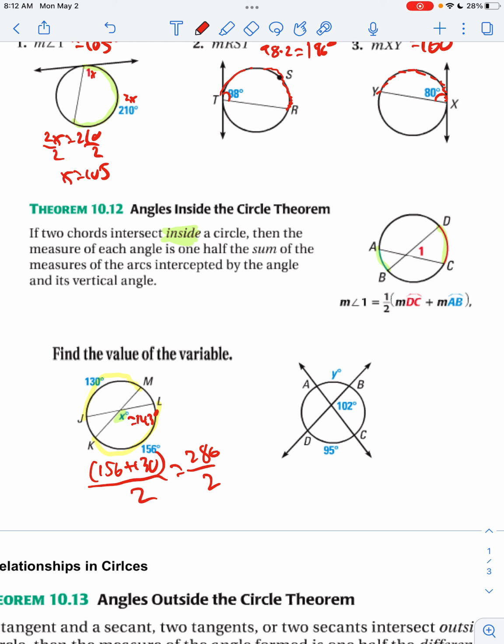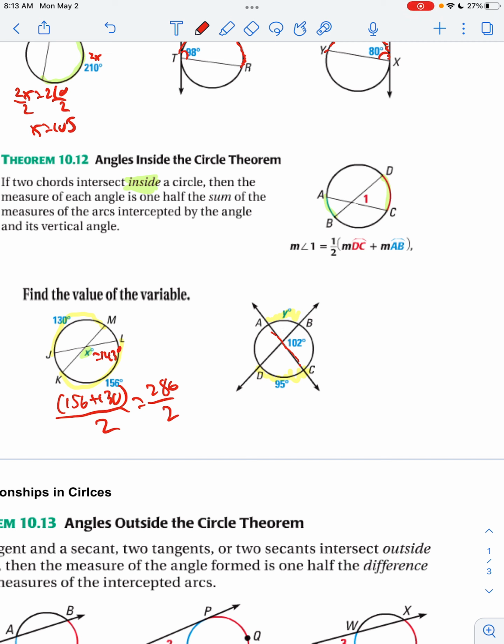That's what I'm trying to find. But I do know that these two angles make a straight line. So I could go in and say that this arc is going to be 51 degrees. Oh, wait. Let's see here. I know a straight line is 180 and I've used 102. So that's going to give me 78 degrees.